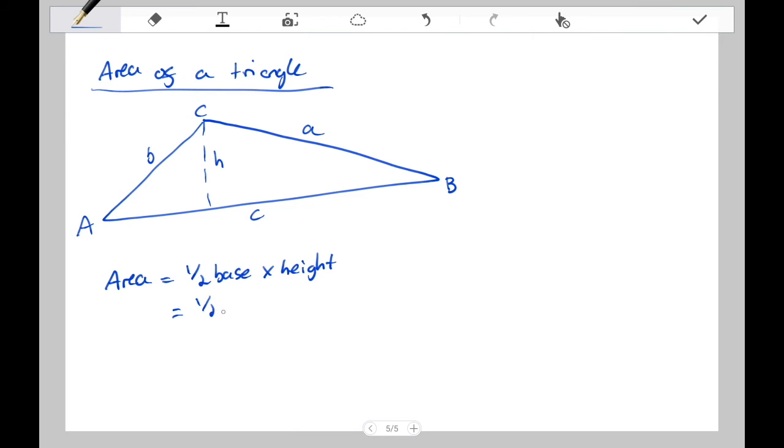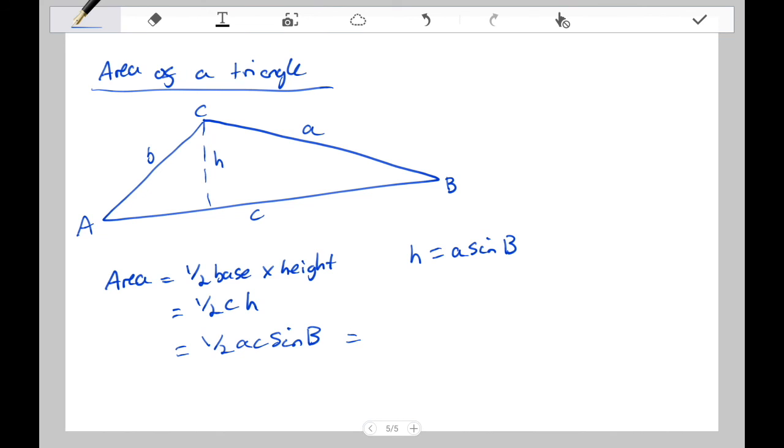So we can say it's a half c h. Sine B is equal to h over a, so h is equal to a sine B. Substituting that in, that tells us that the area is equal to a half a c sine B.